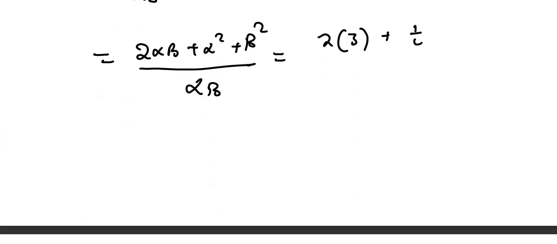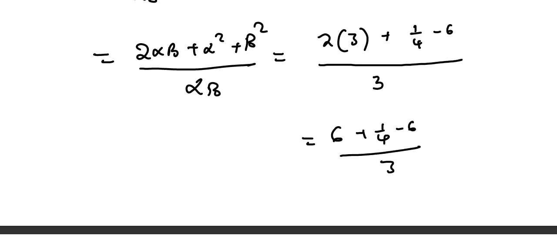So this is 1 over 4, then minus 6. Then down, we're just simply having your alpha times beta, which is supposed to be a 3. This is going to give us a 6 plus 1 over 4, then you have a 3. This will just give us 1 over 4 over 3. This will end up being 1 over 12. So this is the answer to the last question for the sum.